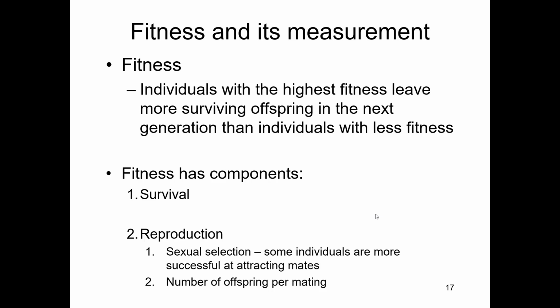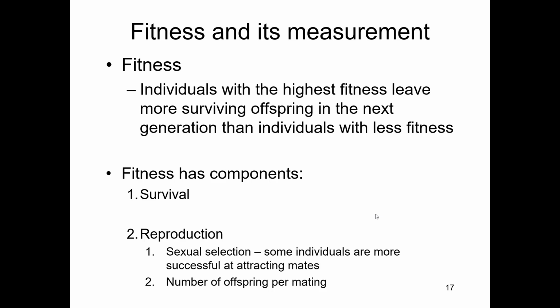We're not going to do the math, by the way, but there's a mathematical calculation to determine the fitness coefficient, and 1 is assigned to the most fit situation in that scenario.